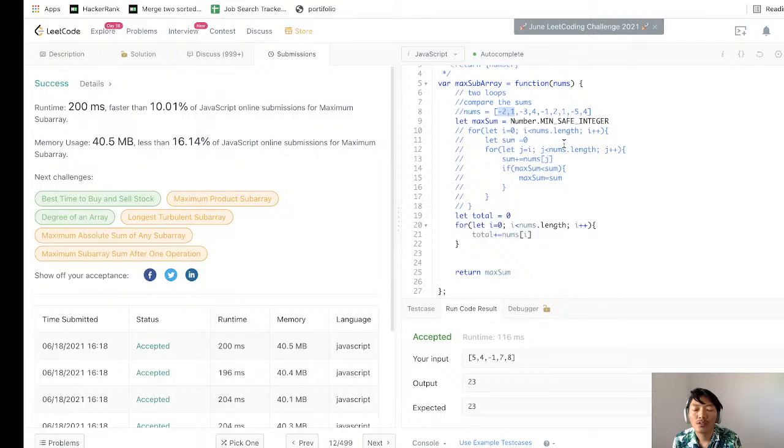If the sum between them is... okay, we have the total sum.